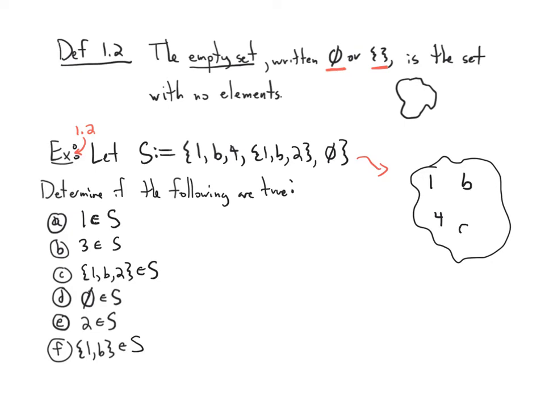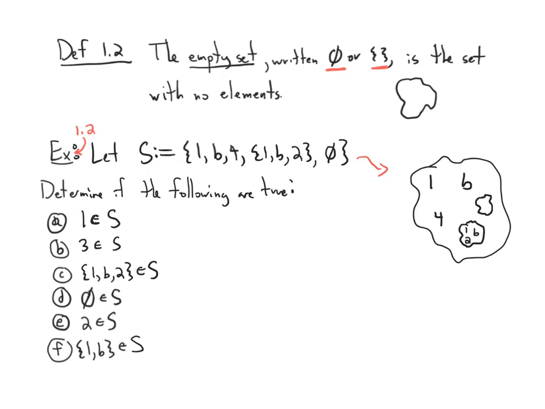And that's allowed, even though we have a 1 in our list already. If another 1 is inside of another set, that's still allowed. So we have a 1, a B, and a 2 here. And finally, we have one more set. We have the empty set. So we have a bag with nothing in it also inside. So that's everything that is in S.